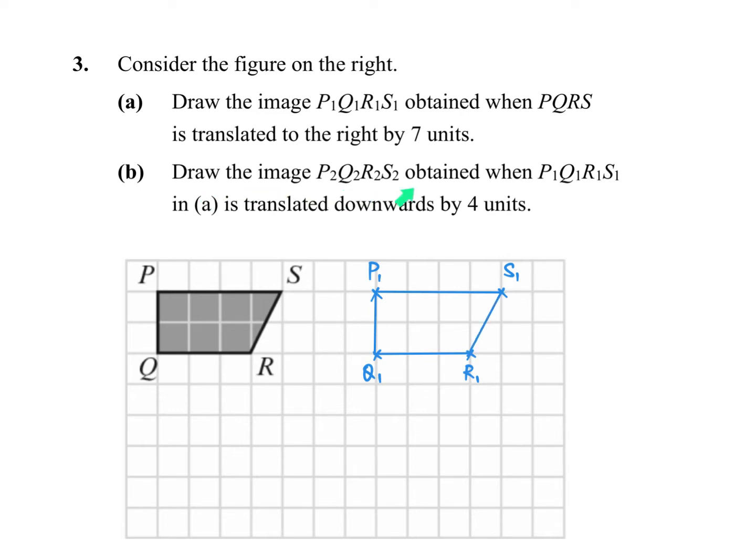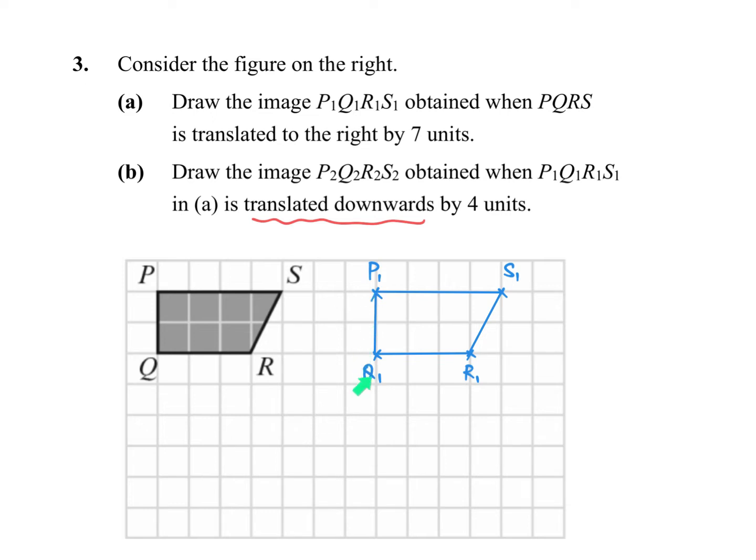However, in part B, we are going to translate this P1, Q1, R1, S1 to a new position by translating it downwards by 4 units to P2, Q2, R2, and S2. This time, by translating downwards, I can also translate P1 first.